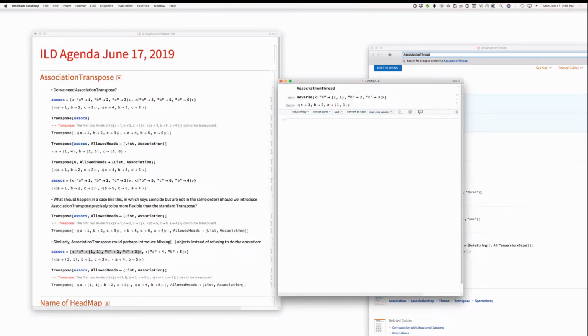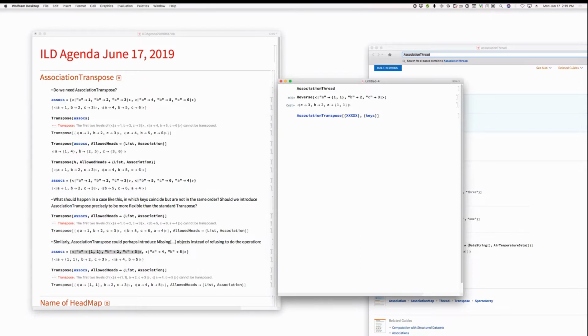So in other words, association transpose could have a second argument, which is the target keys. And then it could be a list of keys you want to get out in the order you want to get them out, so that it drops anything that is not consistent with those keys.